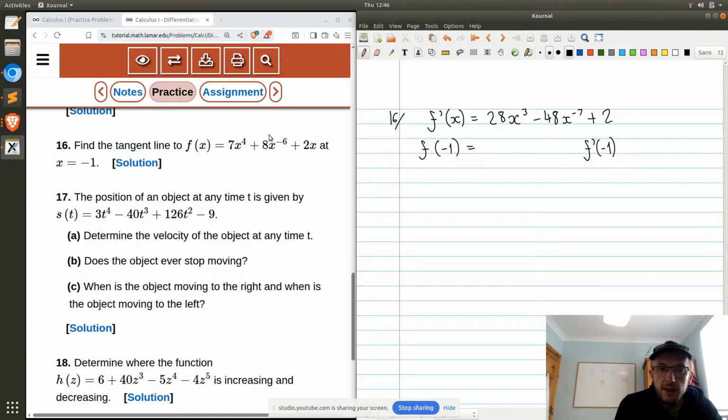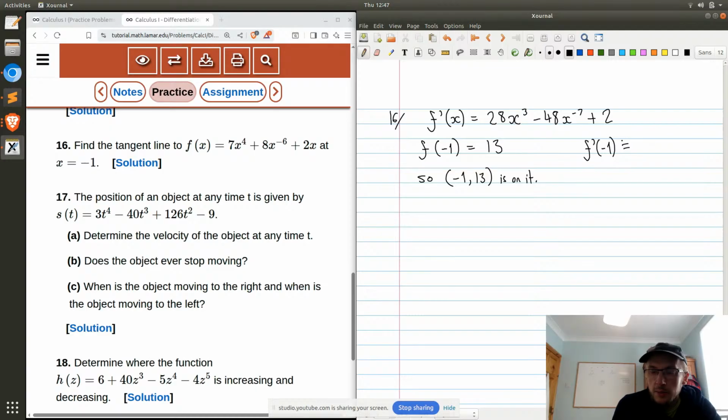So 7 plus 8, and then finally here, this is simple. So it's 7 plus 8 minus 2, which is 13. So that means that (negative 1, 13) is on the tangent line.